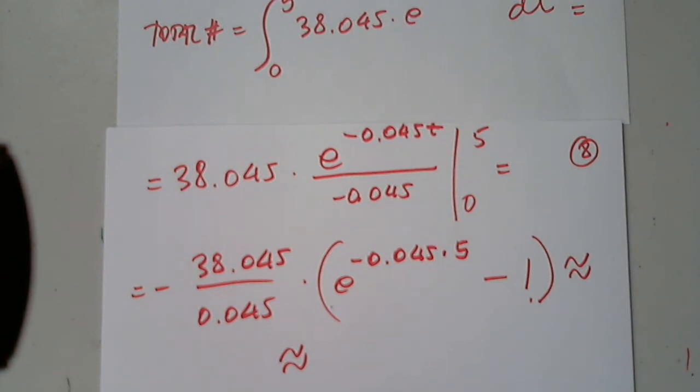And that's the total number. It says, find the total number of marriages per 1,000 people between 2010 and 2015. So 170 per 1,000 people.